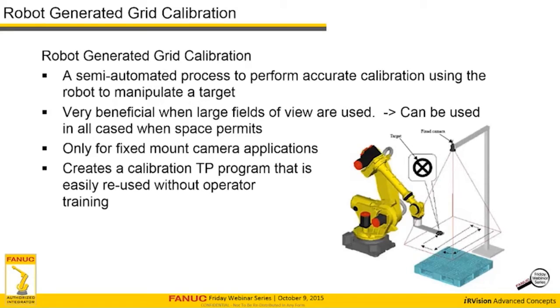It's very beneficial if you have large fields, but we find that you can use this in all cases where space permits, and there are suitable parameters to allow you to constrain the moves to a certain extent, and other special ways we can make this function work in smaller spaces. As I said, it's only for fixed mount. And finally, it creates a calibration program that can be reused without operator training.